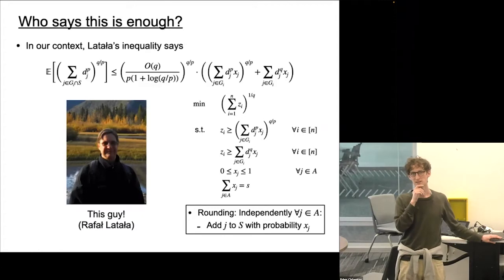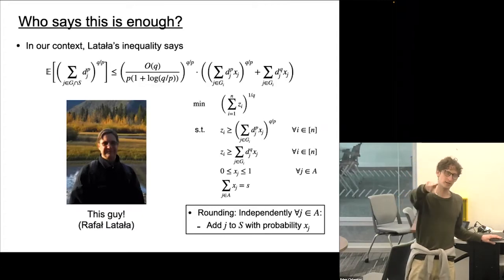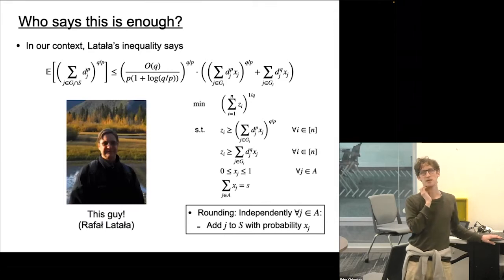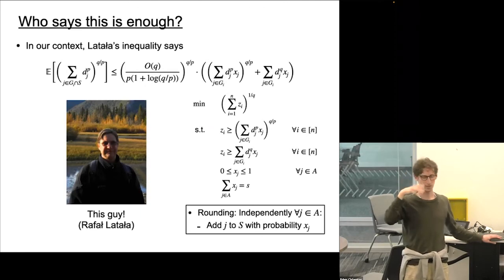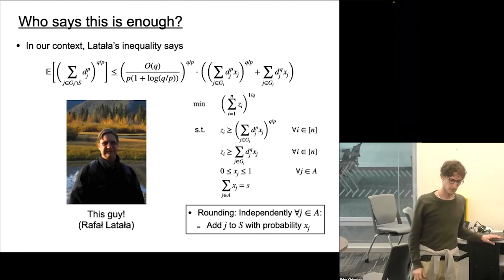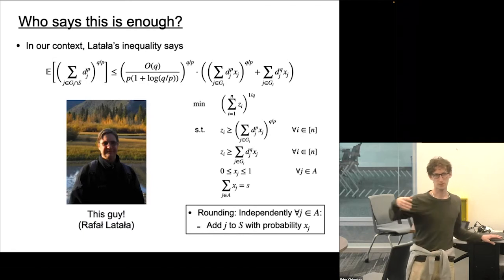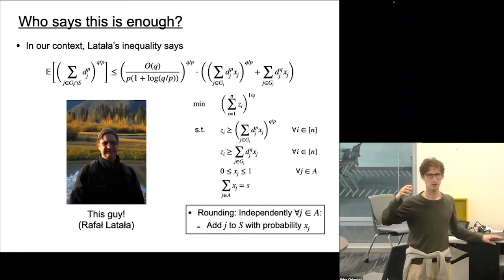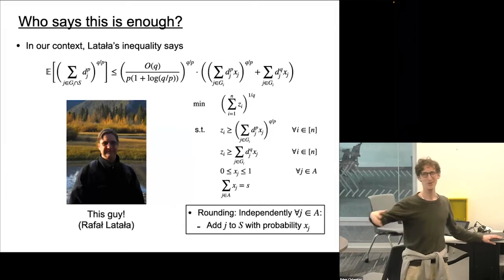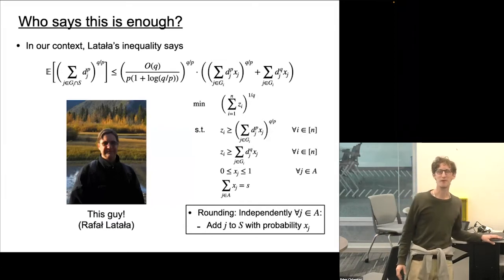And he has this nice inequality, which in our context says exactly what you need. If you have the expectation of the norm of independent sums, then it behaves the way that you want it to behave.